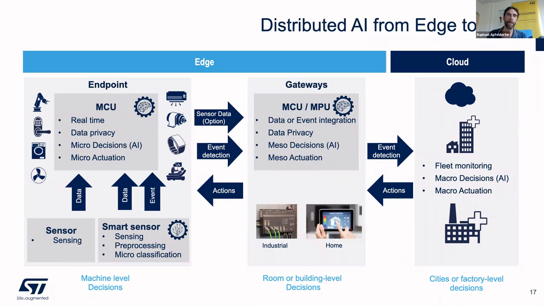Then in an industrial use case, you would typically also have industrial gateways where you take meso-level decisions, taking into account all of the data coming from the different devices together, with a bit more processing power. And then you would choose whether to convey data directly, or the events based on your decision, to the outer cloud for even more macro level decisions.